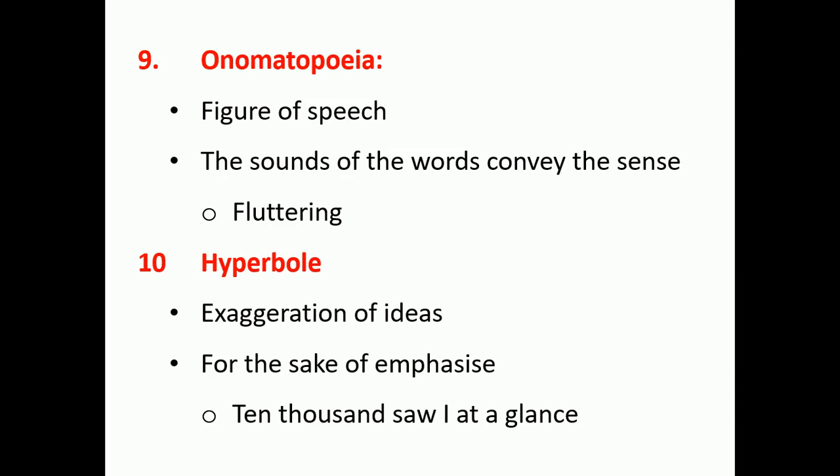But why is this exaggeration used? It is used for the sake of emphasis, to show how beautiful it was, how much impact it created in the heart and mind of the author. And when the author makes such an emphasis on this particular idea, only then will the reader get some of the feelings, the emotions, which the author experienced when he saw these daffodils.